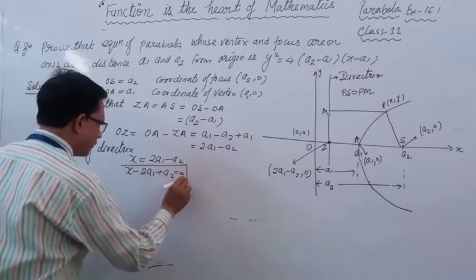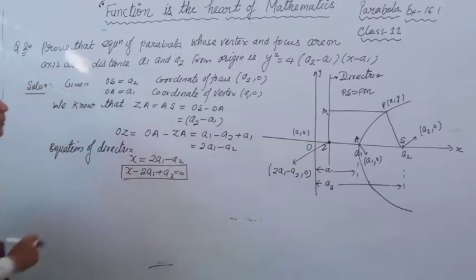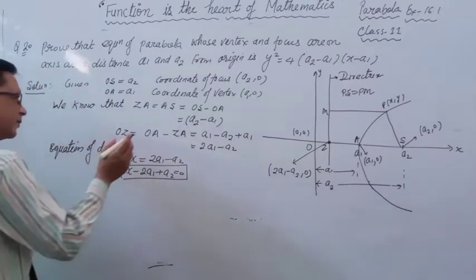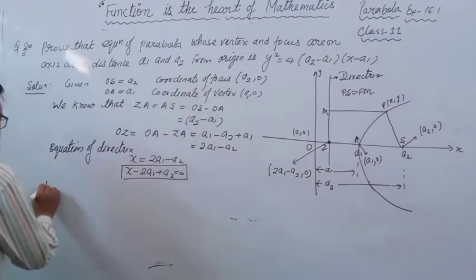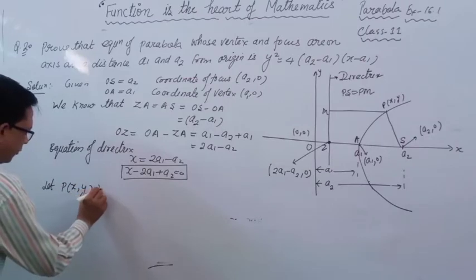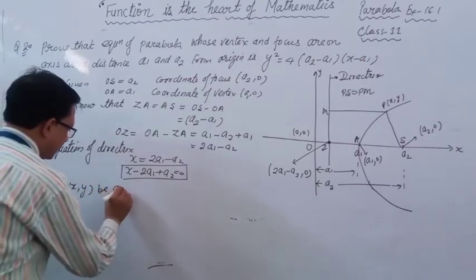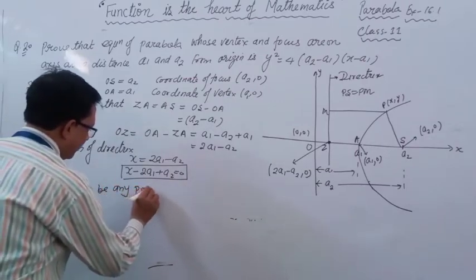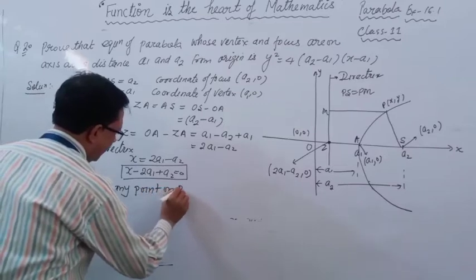This is the equation of the directrix. Let us consider any point P. Let P(x, y) be any point on the parabola.